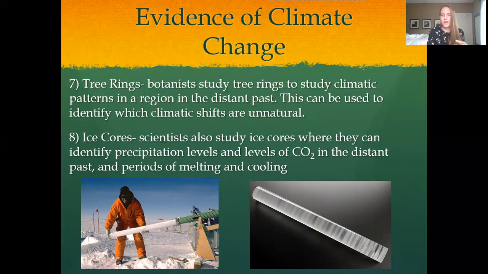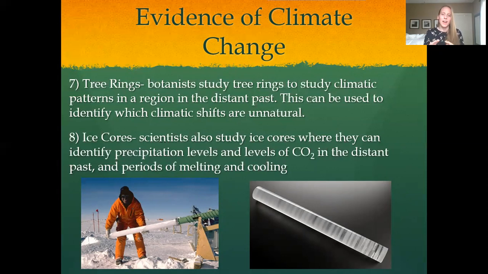Did it experience a fire? All of those things can be interpreted from a tree's rings. So you can essentially see, is there a pattern to the climate, like a cycle, or is it a decline or an increase in the amount of precipitation or the temperatures or something like that.